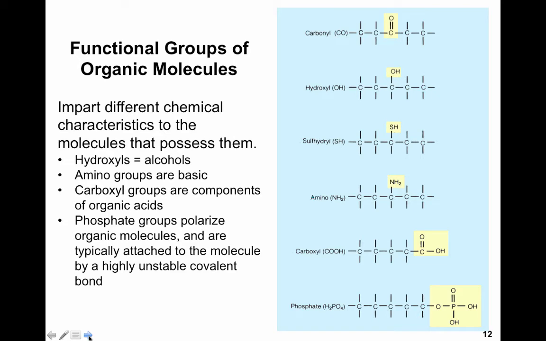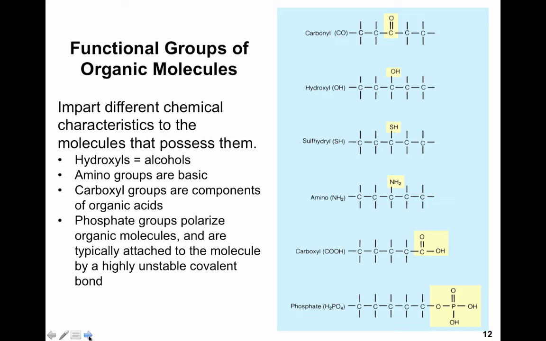Functional groups in organic molecules. This is one of those things that is unlikely to come up in a bunch of questions that you're going to see on a test for physiology, but certainly might come up on tests that you may have as a biochemistry student or an organic chemistry student.